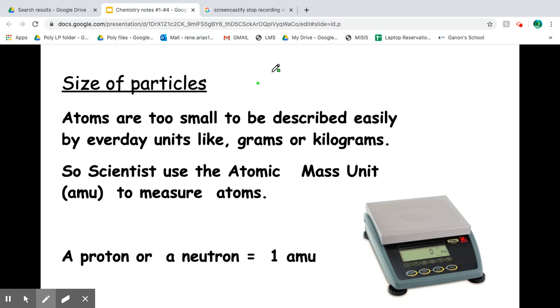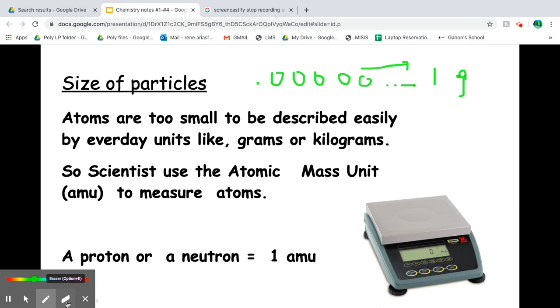One proton would have a mass something like 0.000, and these zeros will continue for about 16 places until we eventually get to a 1. It'll be something like that in grams, right? This is an extremely small amount of mass, and scientists don't want to deal with such small numbers.